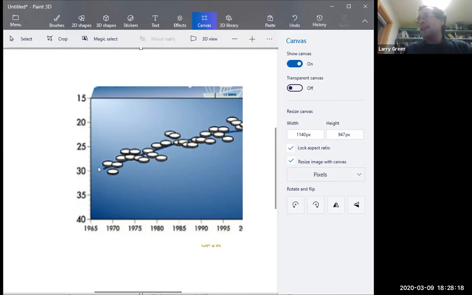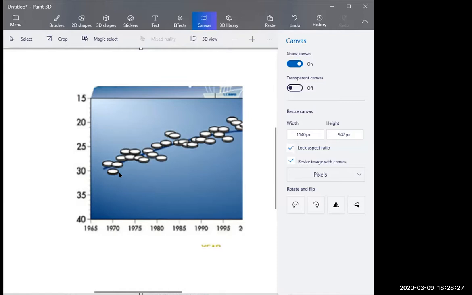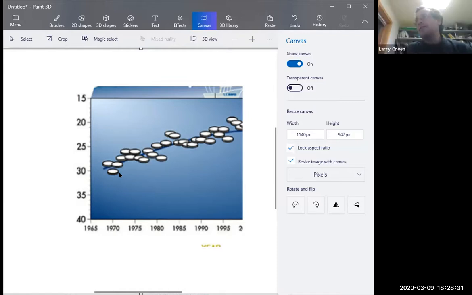And we can see that as time is going down, what's happening to the lake as time increases? We're losing visibility. Yeah, we're losing visibility. So we can see in the 70s, maybe in 1968 or so, maybe 1970, we had a visibility of maybe 29 or 30.